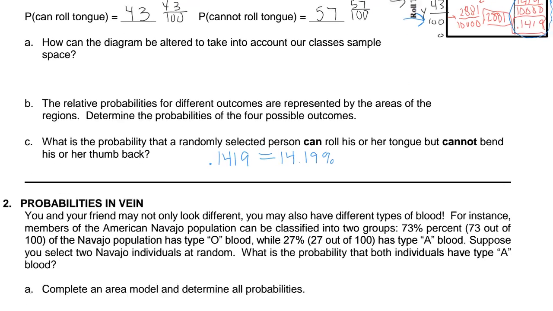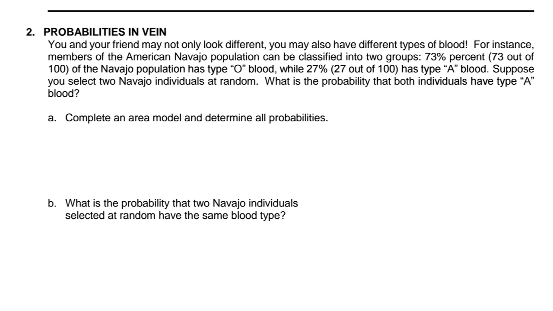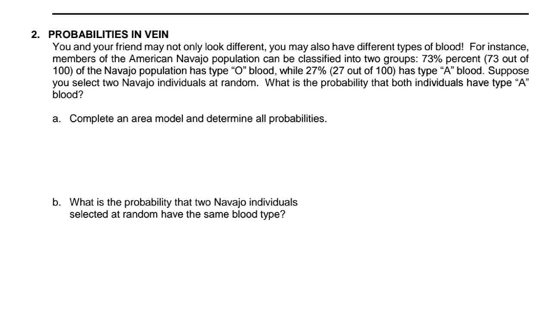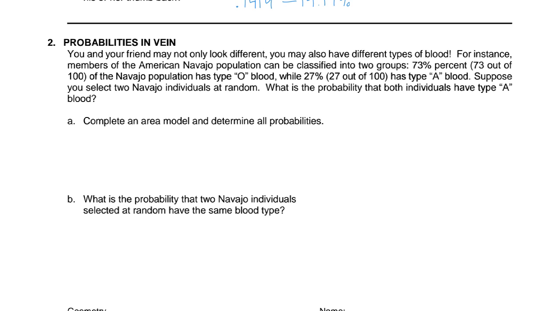Okay, so moving down to the second one, this is slightly different than just a yes or no question, but it's still the same kind of idea. I'm going to move out just a little bit here. So then the problem is you and your friend may not only look different, but you may also have different types of blood. For instance, members of the American Navajo population can be classified into 2 groups. 73%, which is 73 out of 100 of the Navajo population, has type O blood.